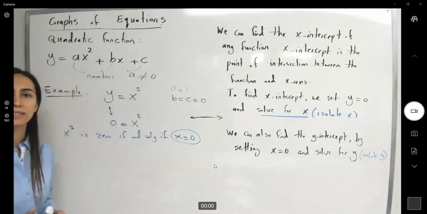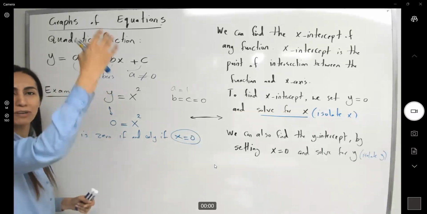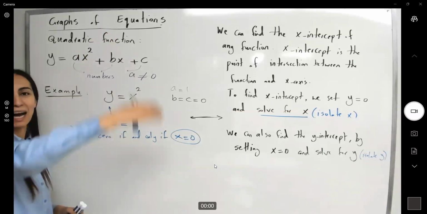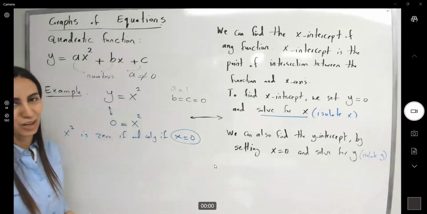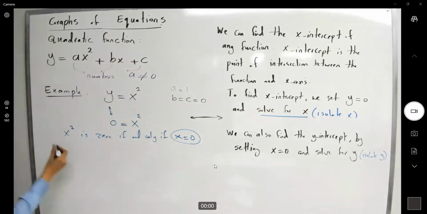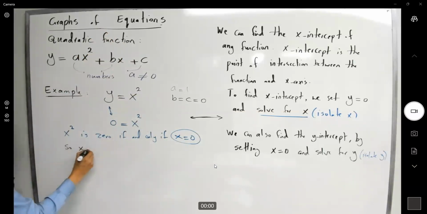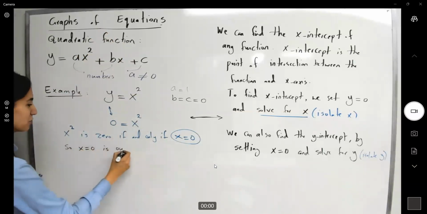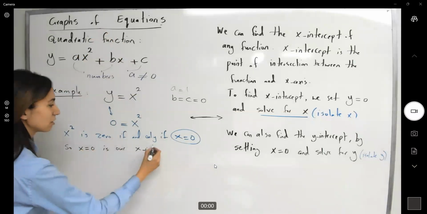So we found our x-intercept. The x-intercept, or the point of intersection between the graph and the horizontal line, is 0. So x equal to 0 is our x-intercept.